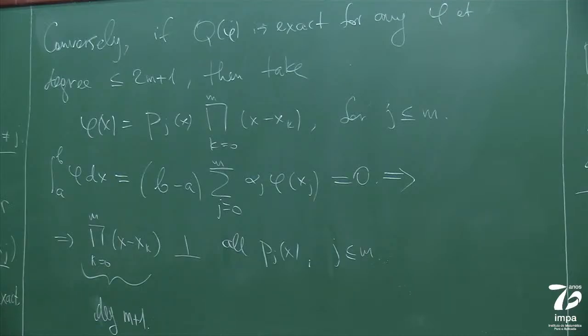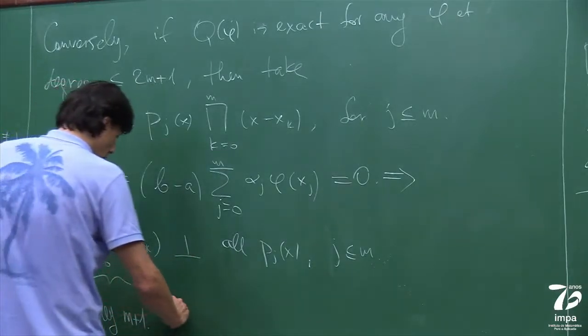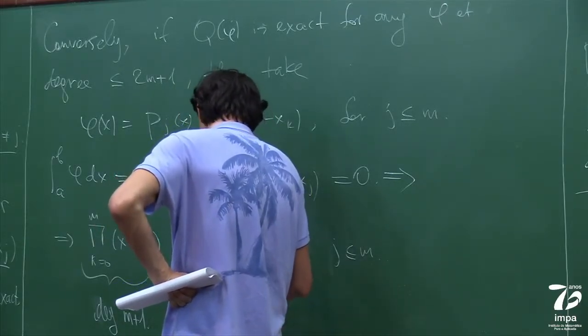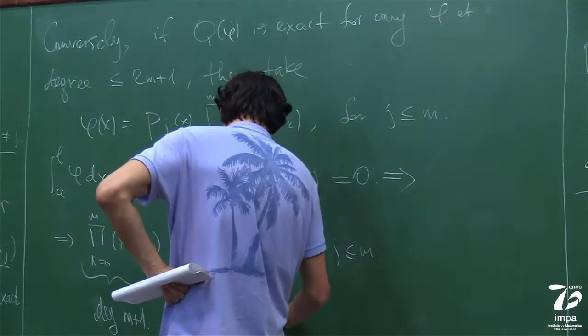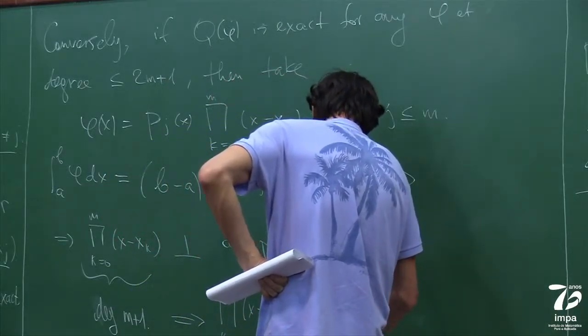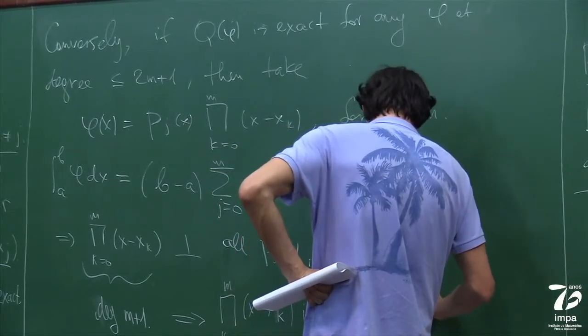So this has degree m plus 1, which means that it's orthogonal, which means that this product is proportional to this polynomial, right?